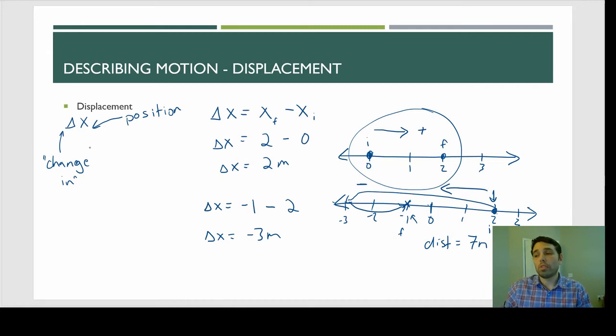So there are 2 examples that we saw from going point A to point B: going 2 positive meters forward, and one where we kind of changed it up. What about this example?